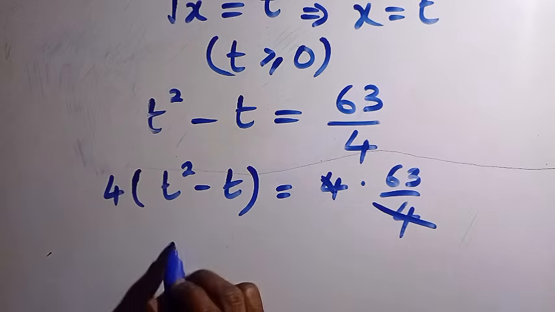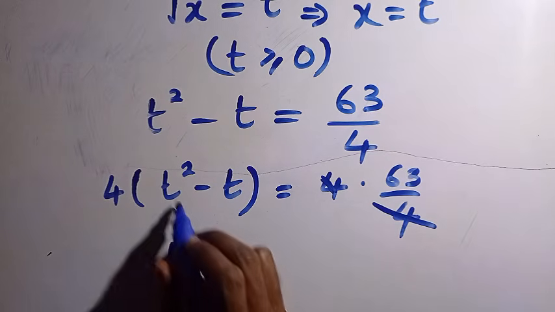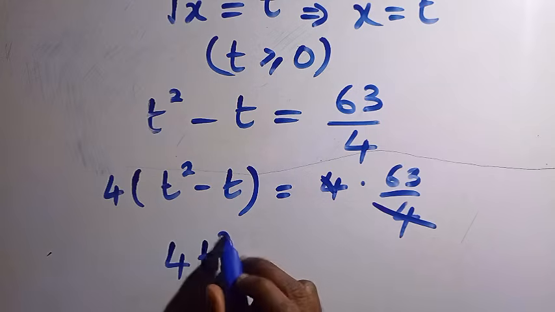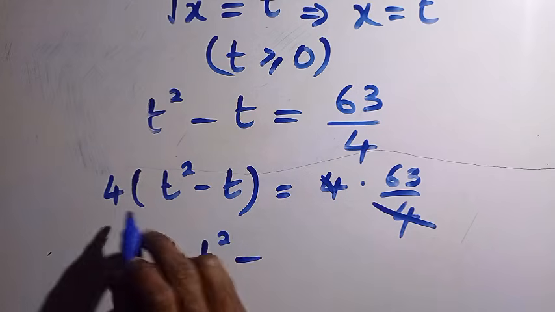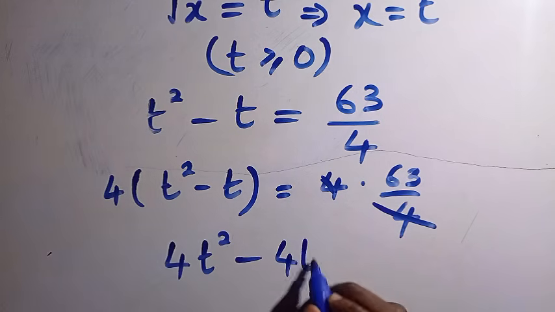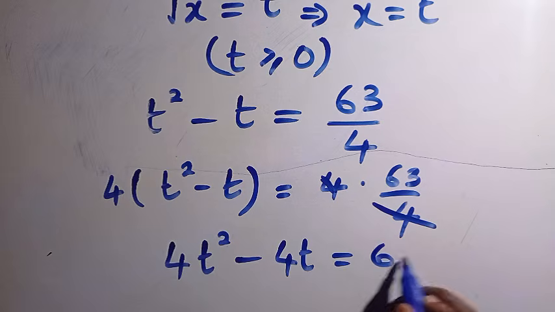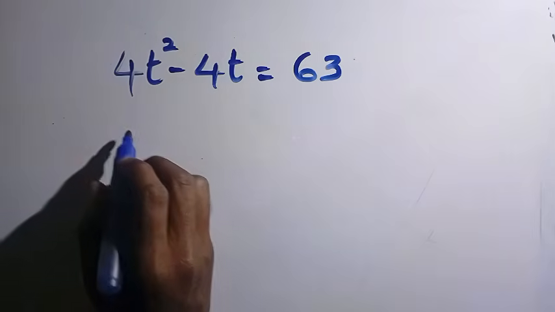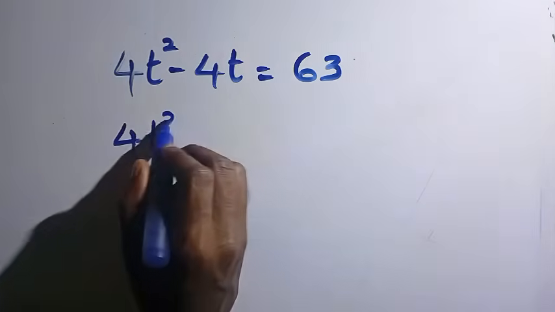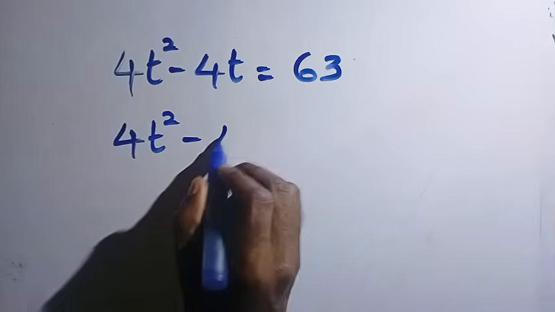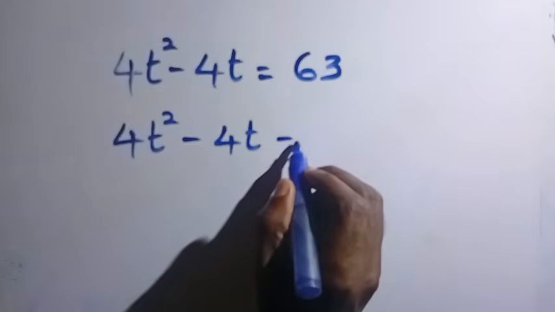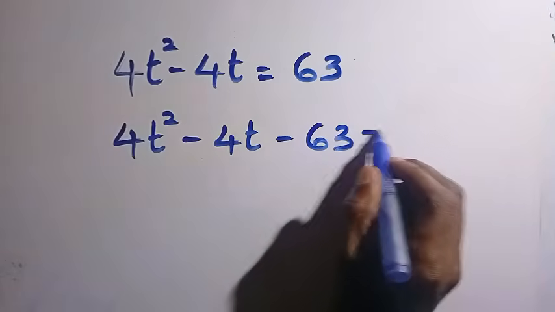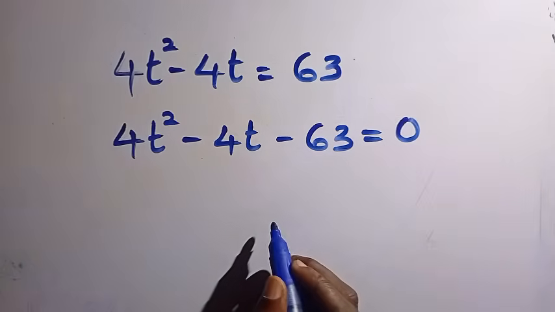We then have 4 multiplied by t squared, that is 4t squared, minus 4 multiplied by t, that gives us 4t, equals 63. Then we solve further. Let's take this 63 to the other side. We have 4t squared minus 4t minus 63 equals 0.